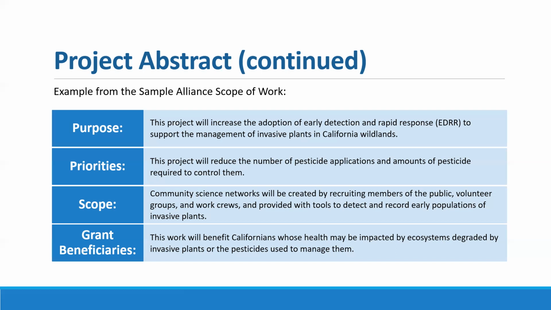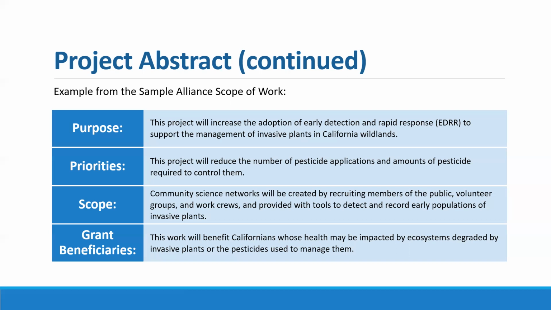And so this is an example of a project abstract that is pulled from the Sample Alliance scope of work. Now, in that document, the abstract is written in paragraph form, but here we've broken it down by different sections just so you can see how this example addresses all of the requirements of the abstract. And so we see that there is a sentence that's focusing on purpose.